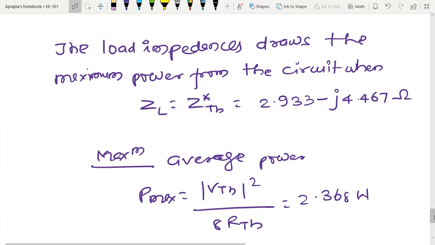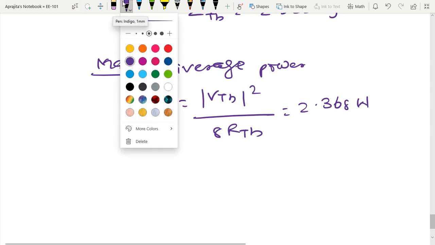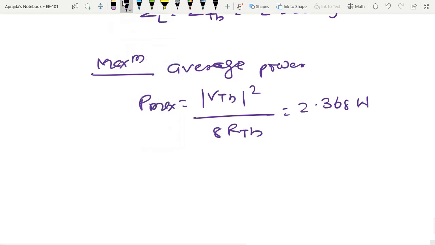Now let us try to see one more problem, and this problem is a little bit different than the previous one.